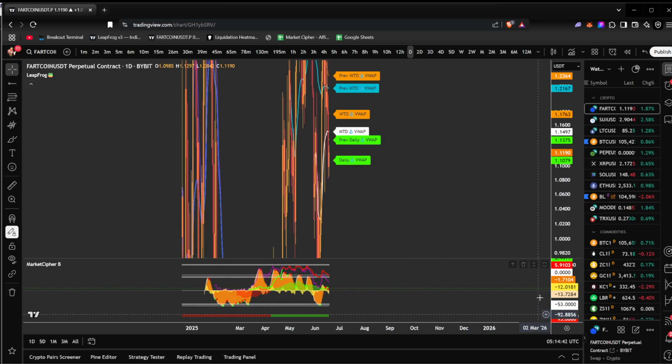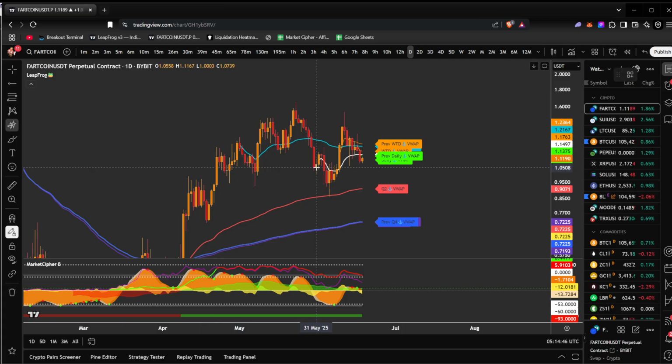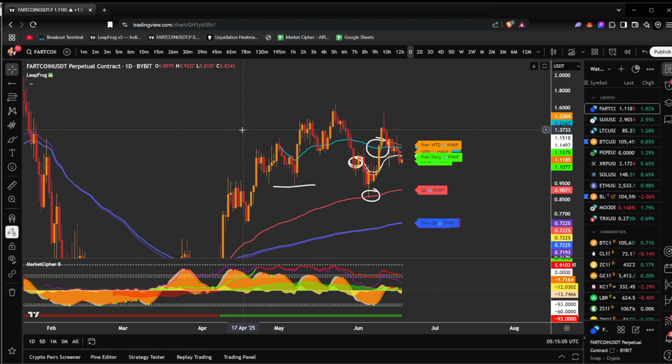Fartcoin had that big sweep of, my gosh, look, a new period opened up. This new month of June opened up. We sweep the major low. We bounce off the Q2 VWAP. We go straight to the previous month's VWAP. That was an amazing C setup on Fartcoin there. So that's a C setup.